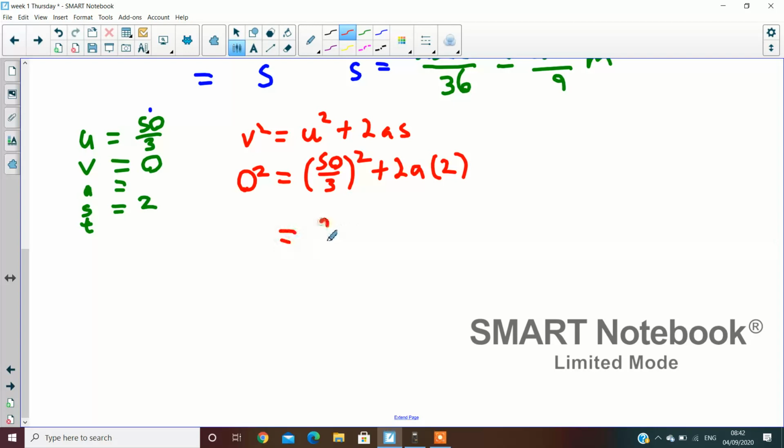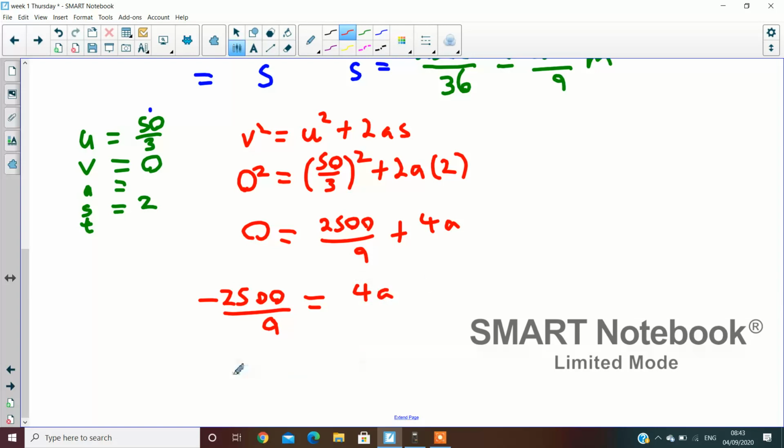And then you get 2,500 over 9 plus 4a equals 0. So 2,500 over 9 equals 4a. Does anybody know what 2,500 divided by 36 is?